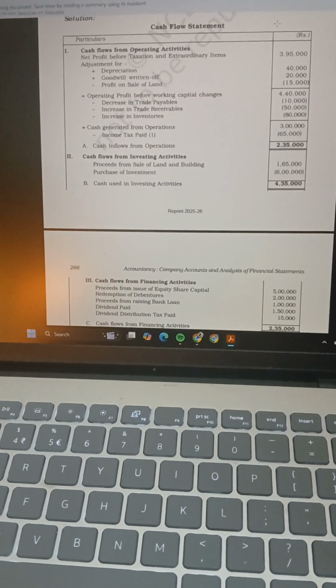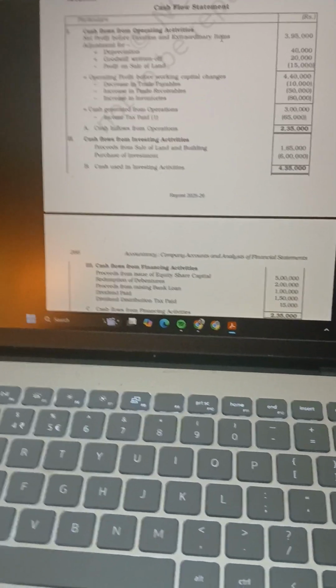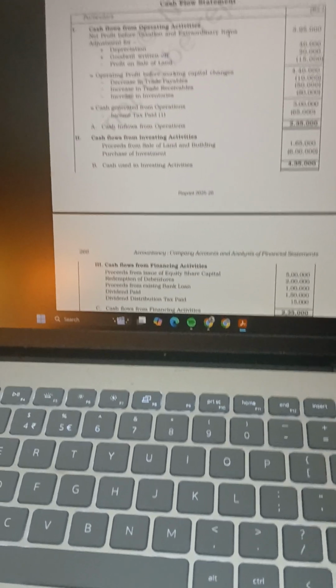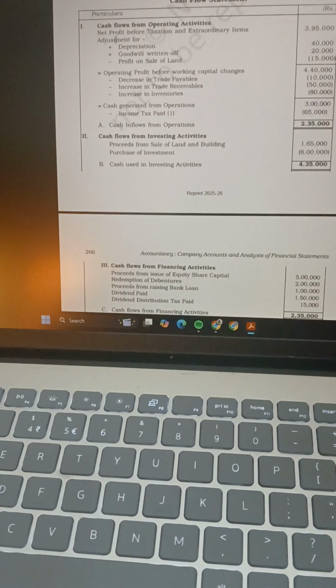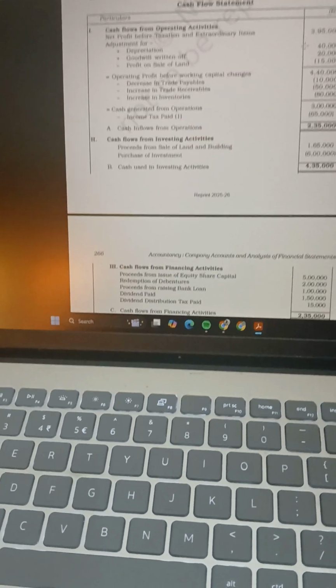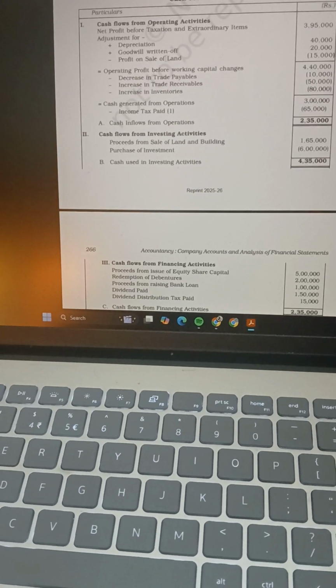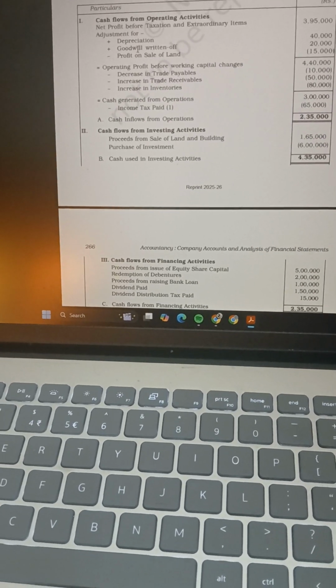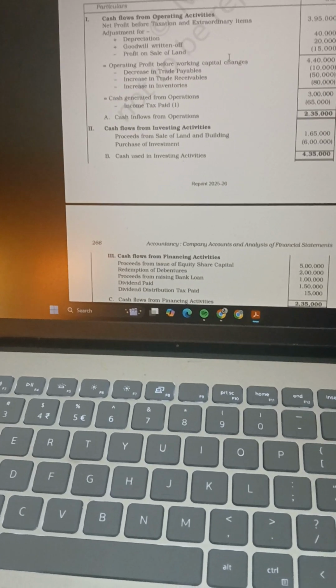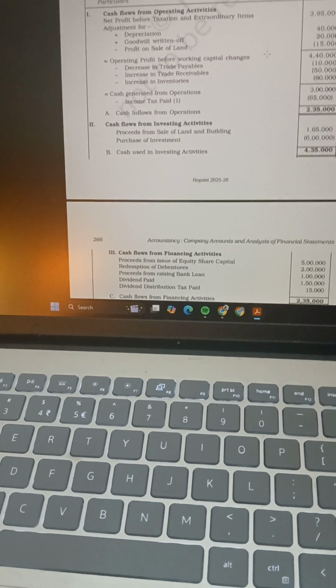The format is particulars and the amount. It's a statement. So first of all, we calculate the cash flows from operating activities. Net profit before taxation and extraordinary items that we have calculated now, 3,95,000. Then we have adjustments for depreciation, that is 40,000. Then goodwill written off.